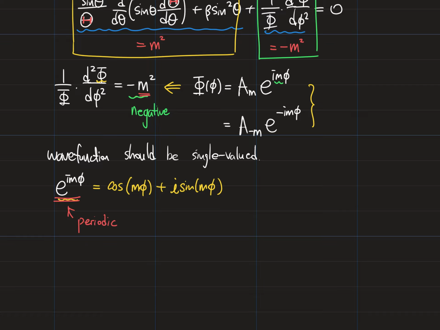Because it consists of the real part, the cosine function, and the imaginary part, the sine function. So it is a periodic function, and so the value of capital P at small p should be equal to that at p plus 2 pi, because this is simply the summation of the cosine and sine functions.